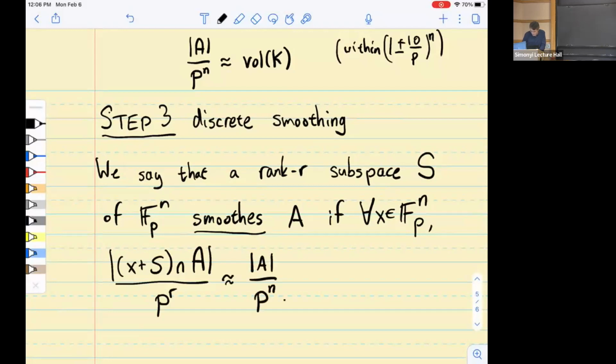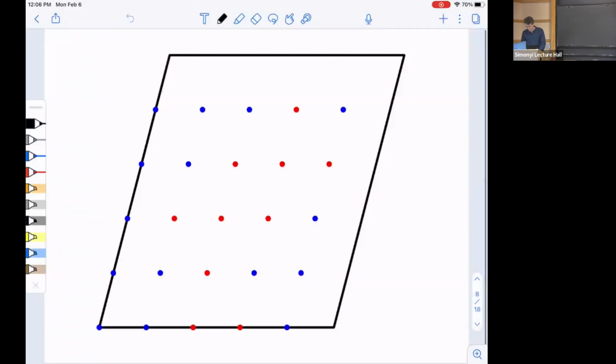So let me demonstrate this again with a picture so you see what I'm talking about. I have F_5 squared in this case, and I have the points in that dilated body K. In high dimension it is going to be very small. Here I happen to have 15 points out of 25, but in high dimension it is exponentially small. So now what I want to find is this kind of smoothing subspace.